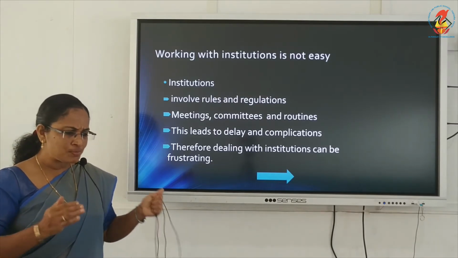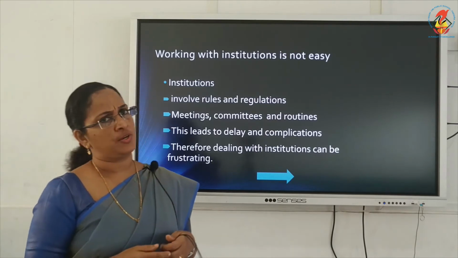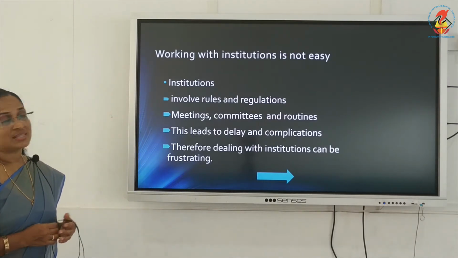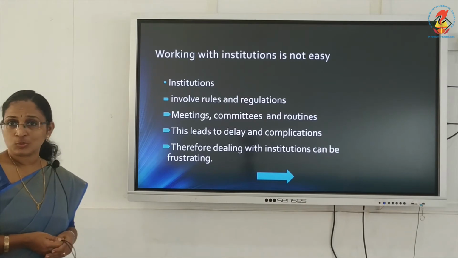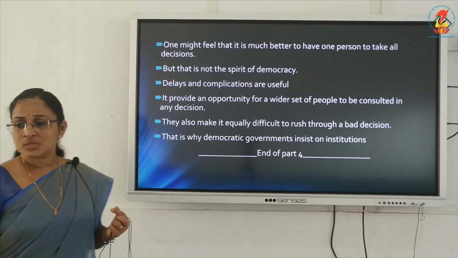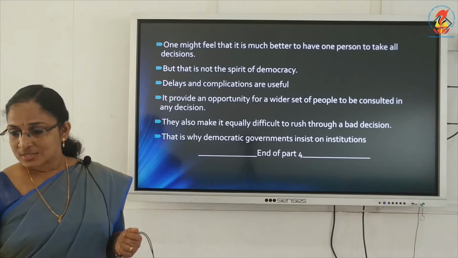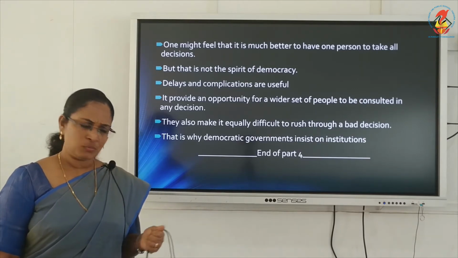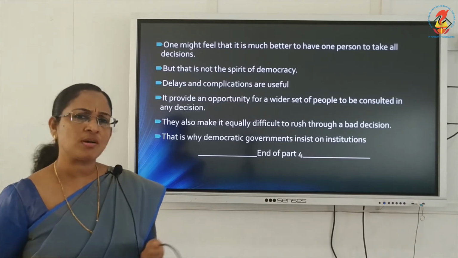All these procedures take time, children. So sometimes it can be frustrating working with institutions, and sometimes we may feel that it's good in a monarchy. Decisions can be taken very fast.